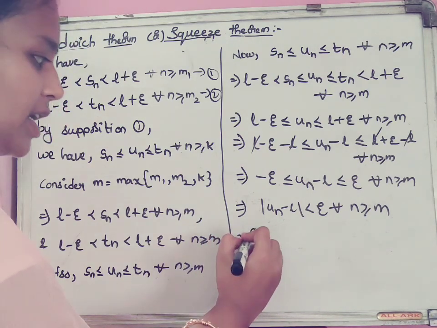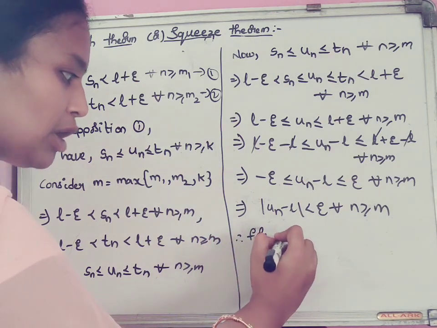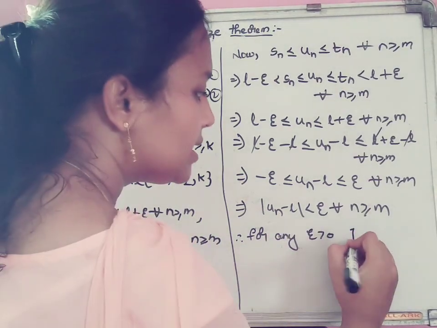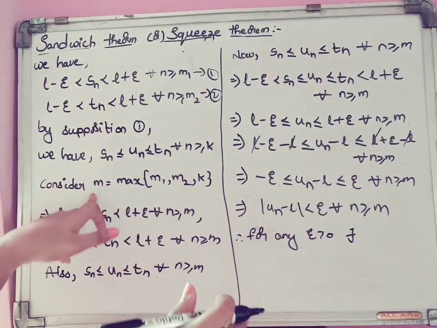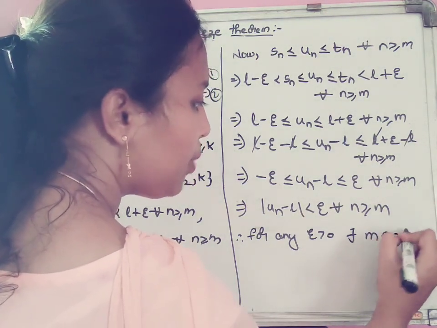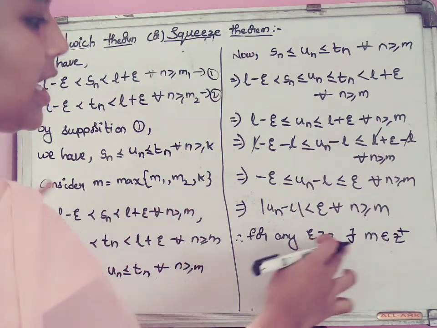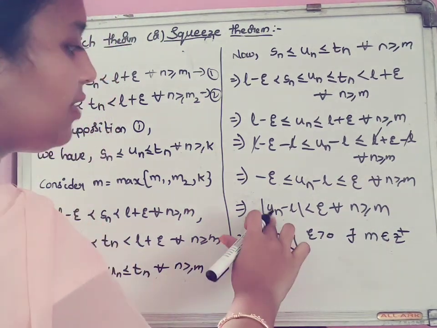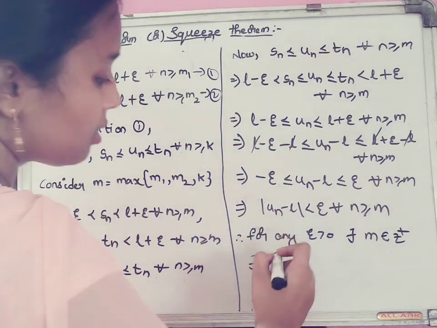First, what did we consider? For any epsilon greater than 0, there exists a positive integer m such that, finally what we proved here?